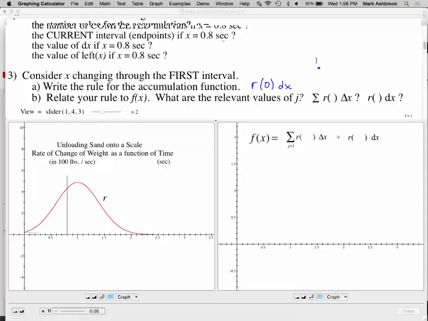And how can we rewrite dx? So dx is the distance from the start of the interval to the current value of x. So what is dx? Final minus initial. Final is the current value of x. It's changing. Initial is left x.